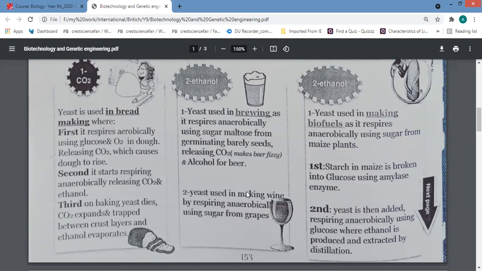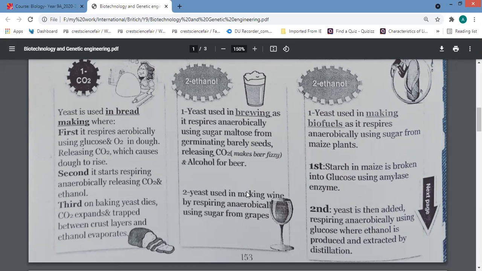In this type of brewing, the type of sugar is maltose sugar, which is extracted from the barley seeds for making beer. But it's the same anaerobic respiration, carbon dioxide releasing, and this is used for making beer.